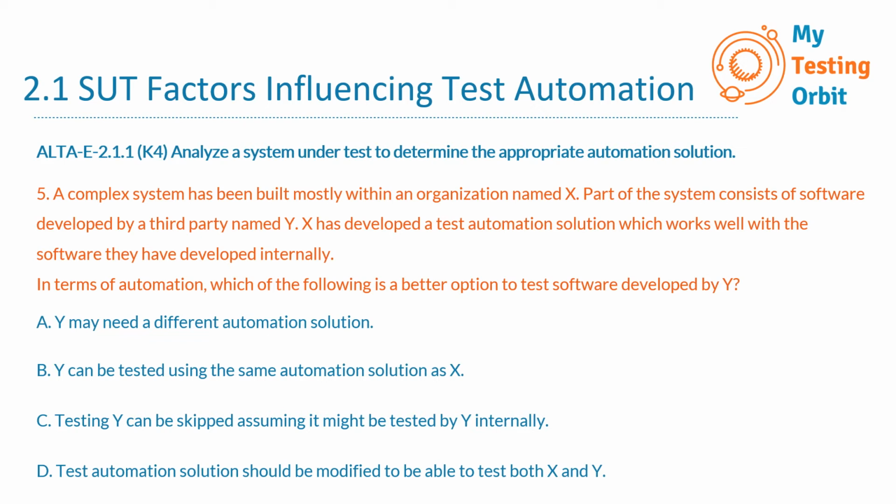Yes, test automation solution always needs some modification, some improvement. It needs to be evolved, but it shouldn't be just scrapped, and we shouldn't be redoing the work. So from all these given options, A is the correct one.